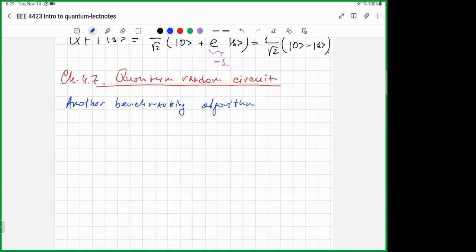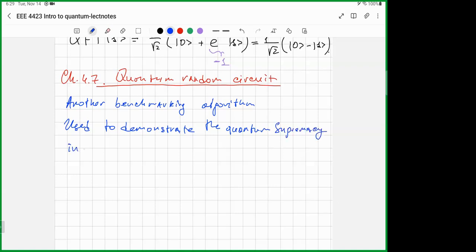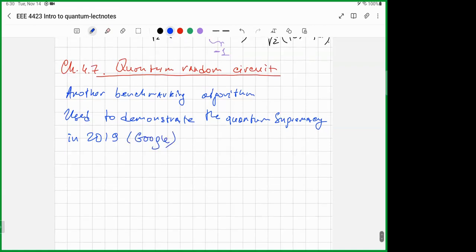Right? It's used to demonstrate quantum supremacy by Google.